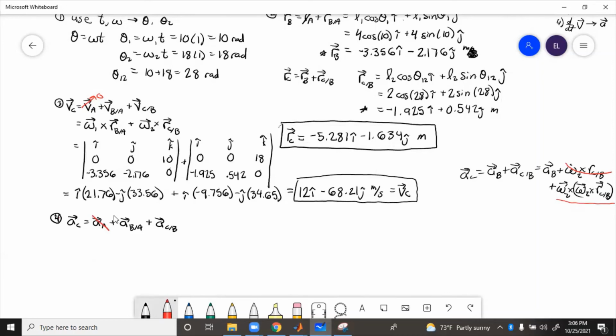But we still need the relative accelerations. Just because angular velocity is constant doesn't mean that acceleration will be 0, because the objects are moving in circles. And so we'll still have centripetal acceleration. Let's write out the formulas.